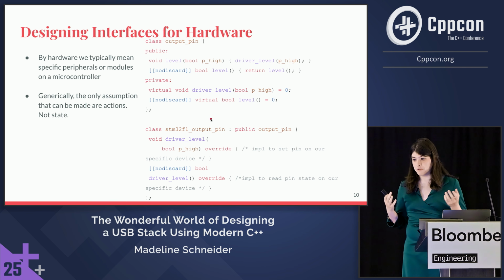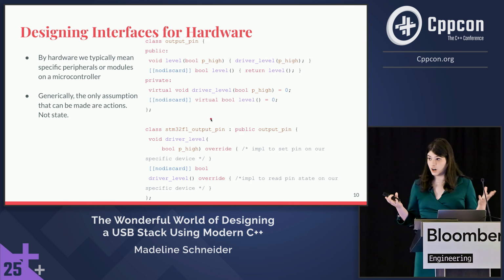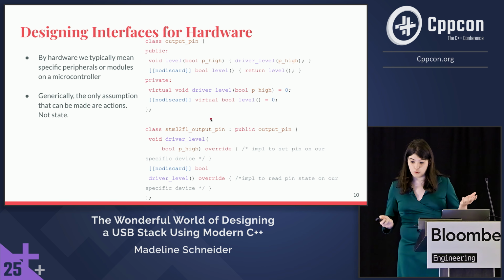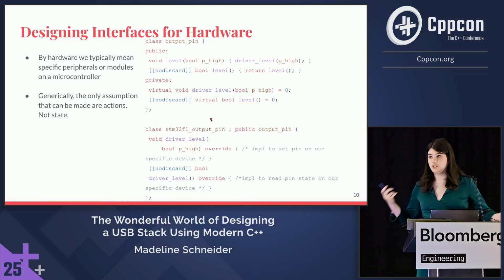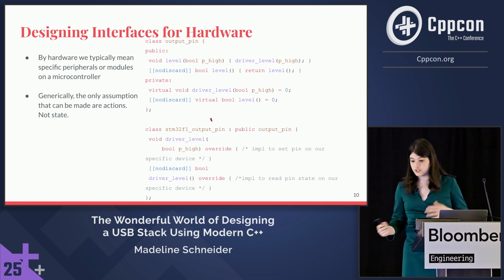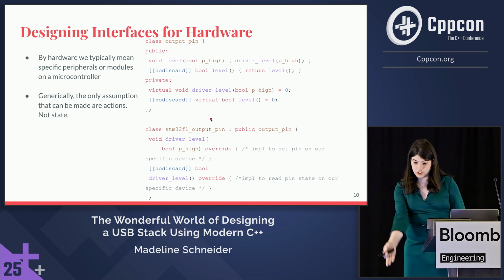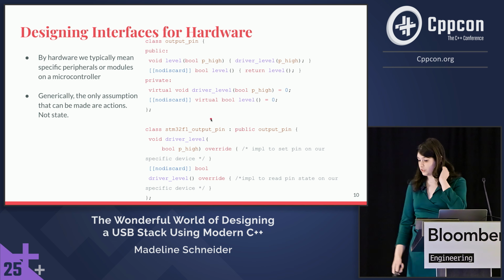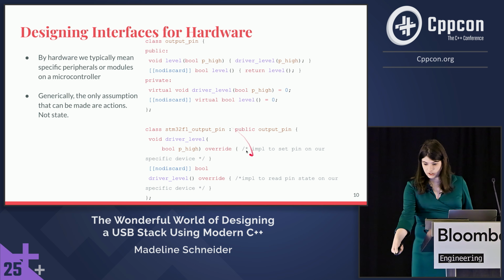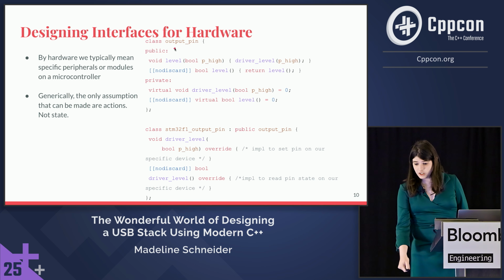It's just a pin that you can connect a wire to that can either be on or off. So what could that reasonably do in software? Well, you can check the level or you can set the level. And as you can see, that's what our interface looks like with the abstract base class.